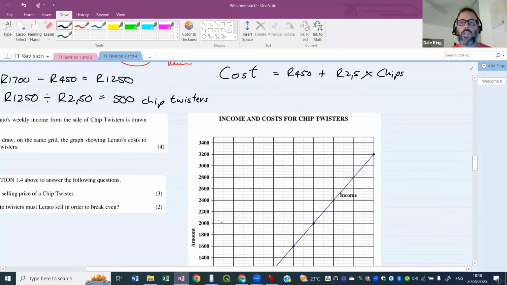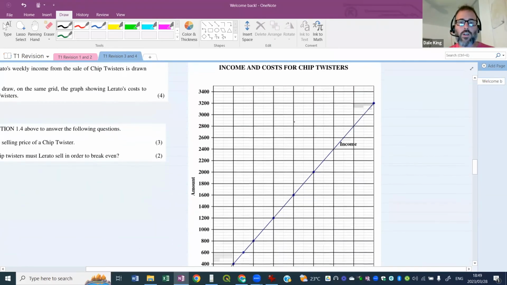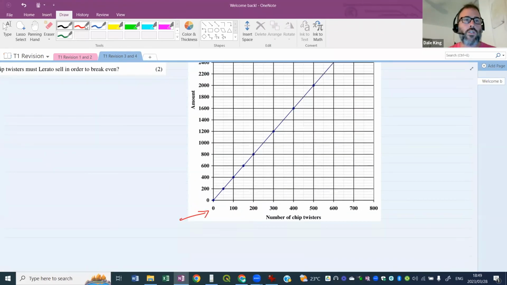If we look at the formula again, if we put 0 in here, that'll be 450 Rand plus 2 Rand 50 times 0. Now 2 Rand 50 times 0 is 0. So it's just going to be 450 Rand. So for 0 chips, this will just be 450 Rand because 2 Rand 50 times nothing is nothing. So the cost if she sells no chips in a week are still her fixed costs, which is 450 Rand. So this graph must start at 450 Rand.